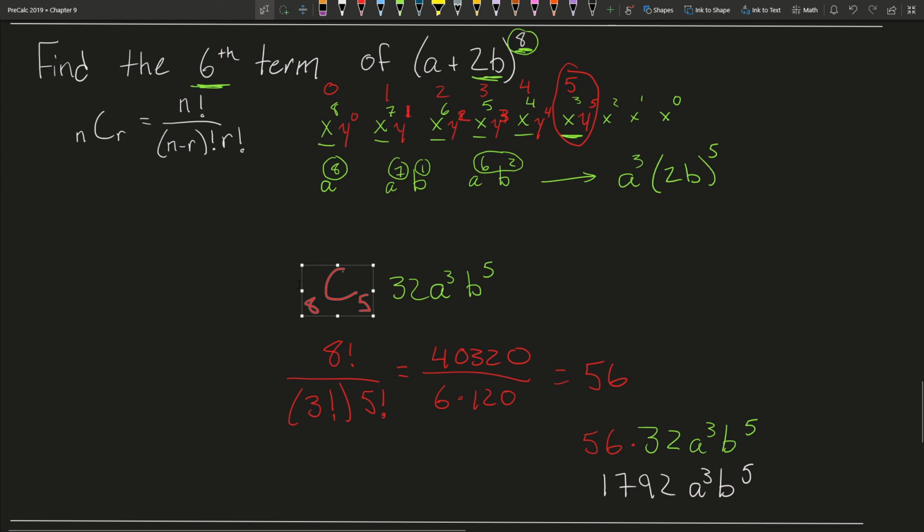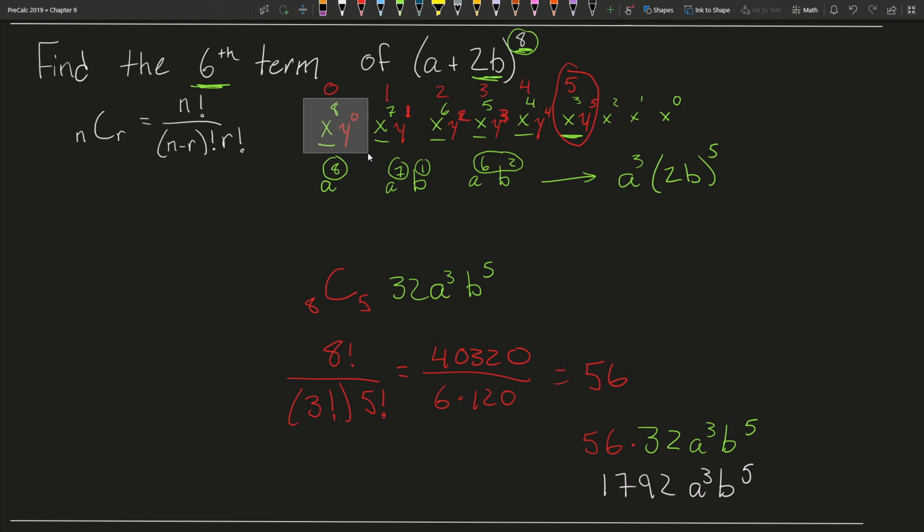How did you decide which one to use for the variable term? So I'm guessing you mean a cubed b to the fifth. So we want the sixth term. Okay, so this is where it gets confusing. Sixth refers to when the first variable to the eighth power, that's the first term, right?